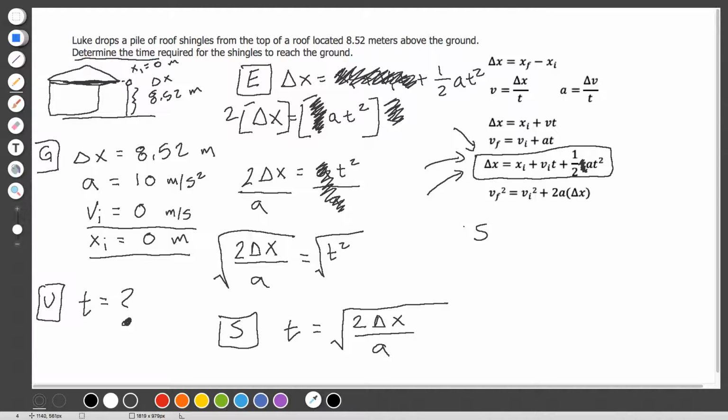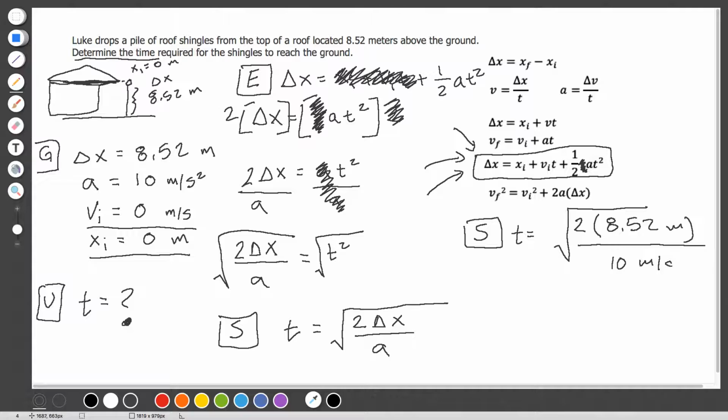And now put in our numerical values. t equals the square root of 2 times 8.52 meters divided by a, which is 10 meters per second squared. Hope I didn't confuse you.